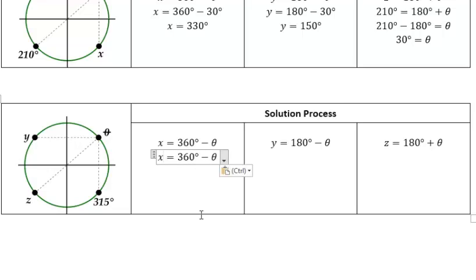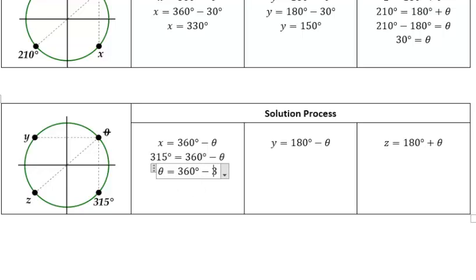I already know x. X is 315 degrees, okay? And I'm trying to find theta. Because theta is negative, I'm going to move it to the left. And because 315 is positive, I'm going to move it to the right side of the equal. So on this side I'm going to put theta because it was negative, and the left side is going to be positive, and 315 because it was positive.